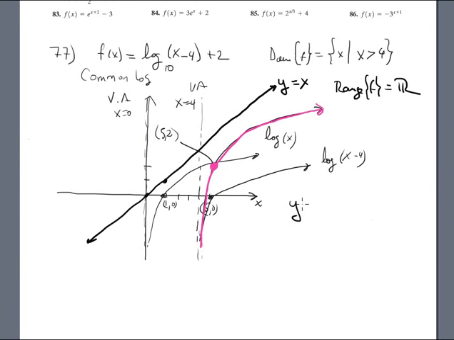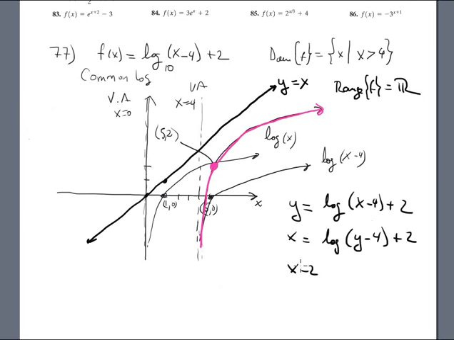Now let's compute the inverse function. The inverse function is y equals logarithm x minus 4 plus 2. Now interchange x and y. This is x equals logarithm y minus 4 plus 2. x minus 2 equals logarithm y minus 4.